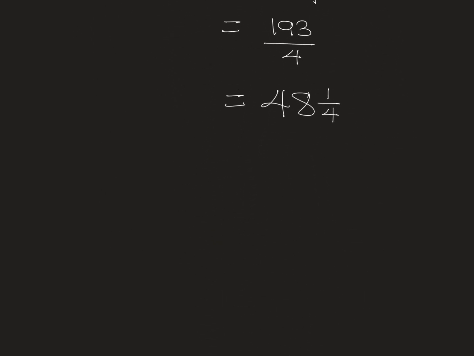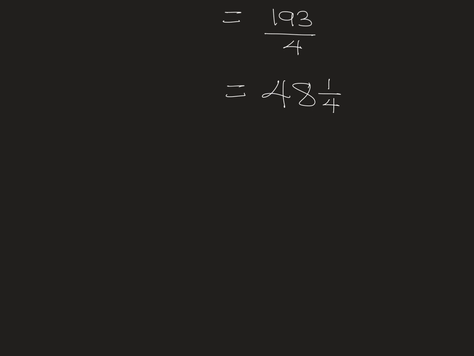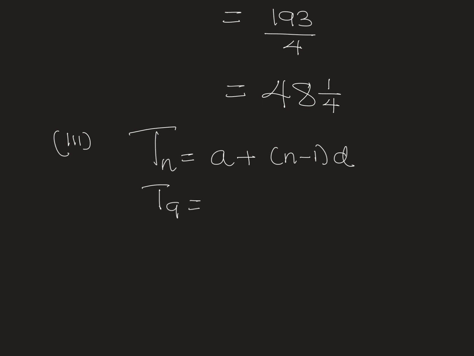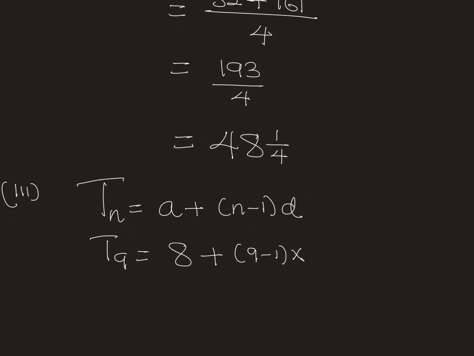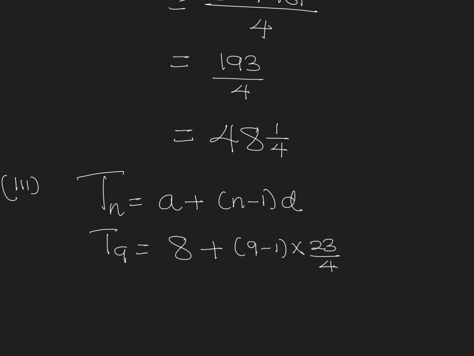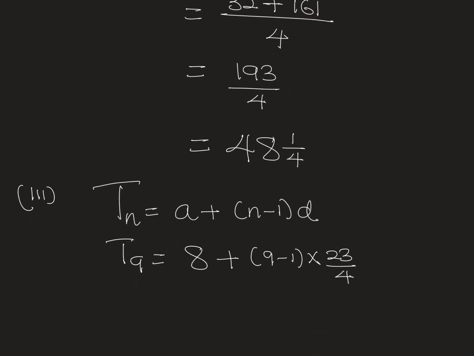And finally, we're going to find the 9th term, which is the third question. Using t sub n is equal to a plus n minus 1 times the difference, the 9th term will be a, which is 8, plus 9 minus 1 times the difference, which is 23 over 4, right?